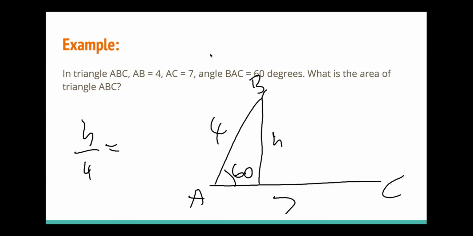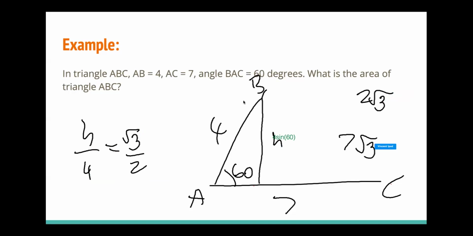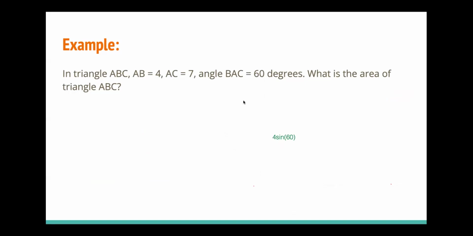We know sine 60 is root 3 over 2, so the height is 2 root 3. So the area is base times height over 2, which is 7 root 3. It's that simple.